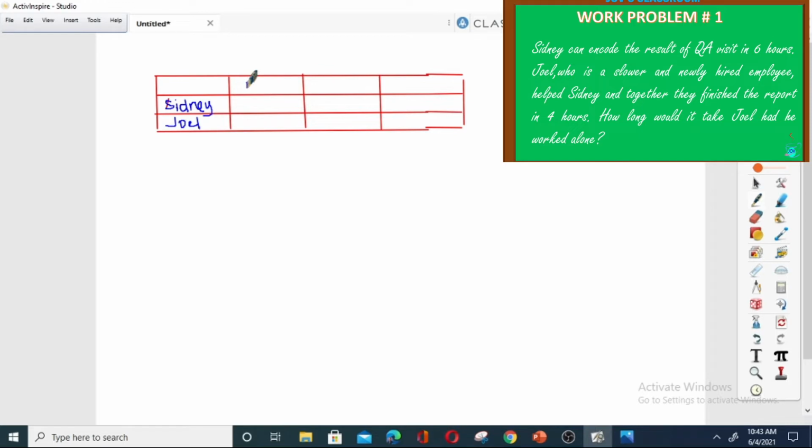So this column is for their rate multiplied by the time, or the actual time to finish the job, and then is equal to the work done.